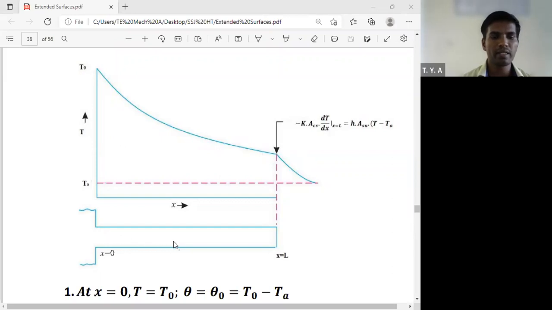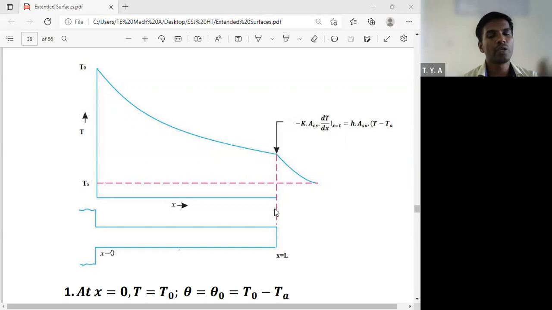Heat is conducted up to x is equal to L, and from this end heat is convected. The same heat that is conducted and arrives is convected. So Q conduction is equal to convection at the end. Therefore we write the equation as minus K A dT by dx is equal to h A delta T. Whatever heat is conducted at the end will be convected into the surrounding.